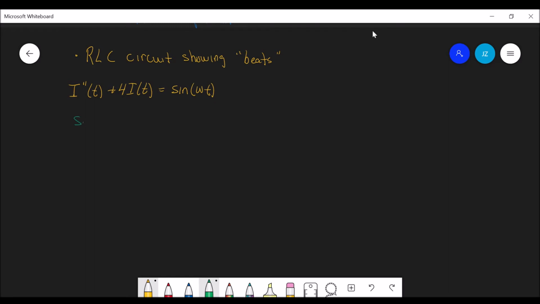So once again, we have a second order equation. The unknown function is I. The independent variable is t. And we have a single parameter, omega.